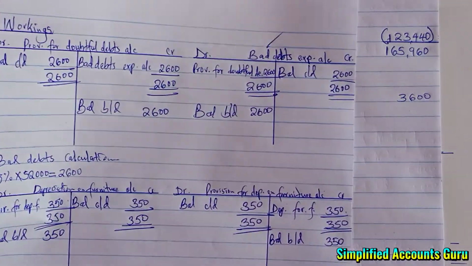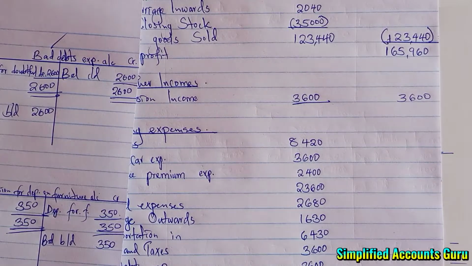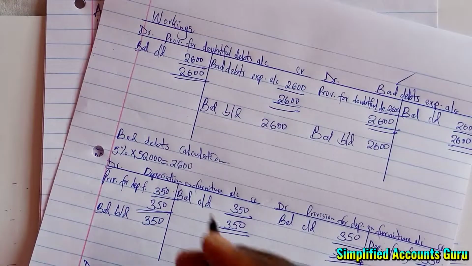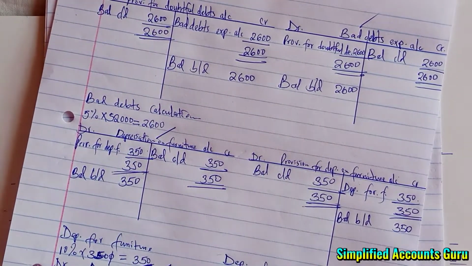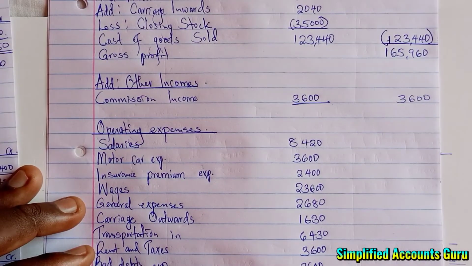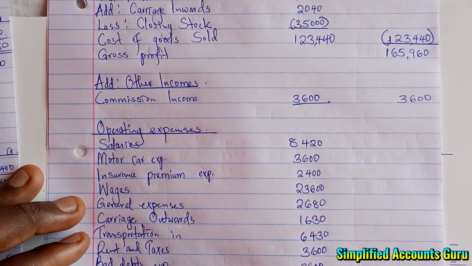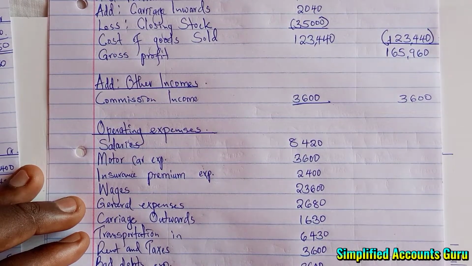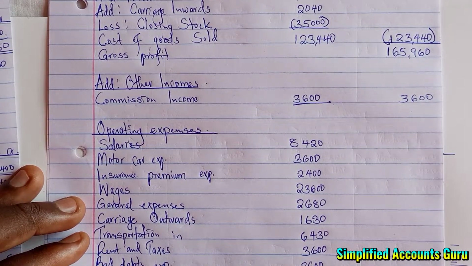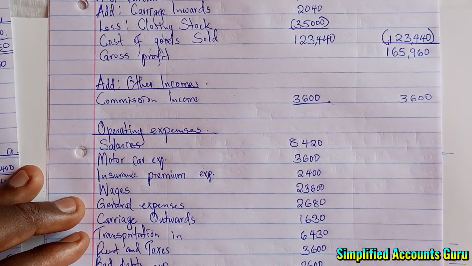That one will also be $350. Then we have another depreciation on machinery, $2,400.